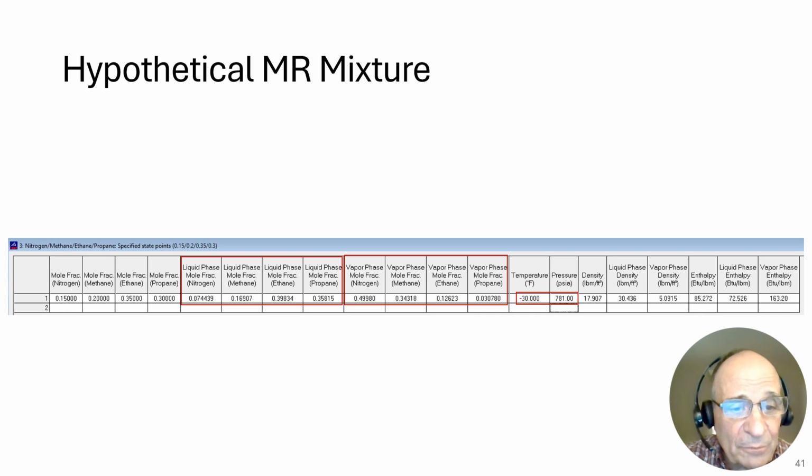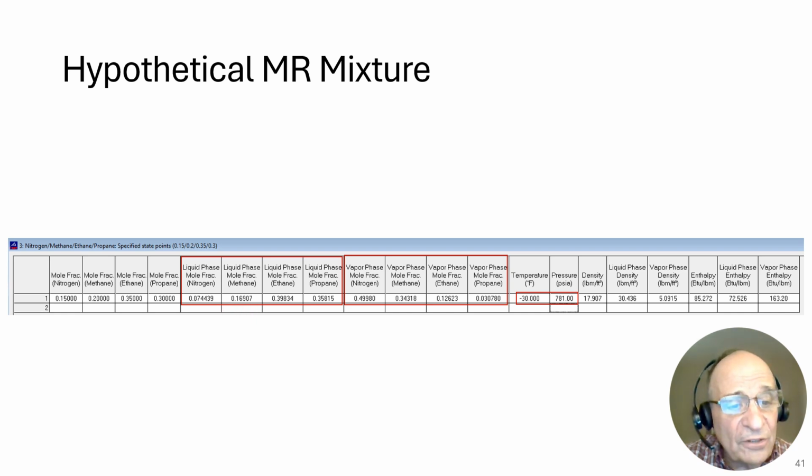Nitrogen went from 15% down to 7% in the liquid phase, and in the vapor phase it's all the way up to 50%. The methane went from 20% up to 34% in the vapor phase, and you expect it to go down in the liquid phase, and it does, down to 17%.